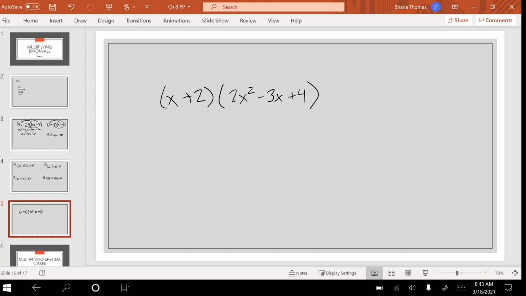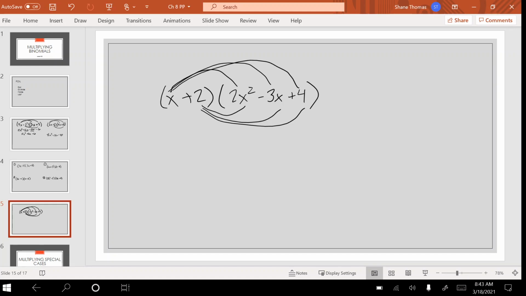All right, so in FOIL, we multiply the first set of parentheses, each term by each term in the second, correct? So in this guy, we would go here to here, here to here, here to here, and here, here, and here. Okay, so nothing really changes. Just the word FOIL, the acronym doesn't hold anymore.